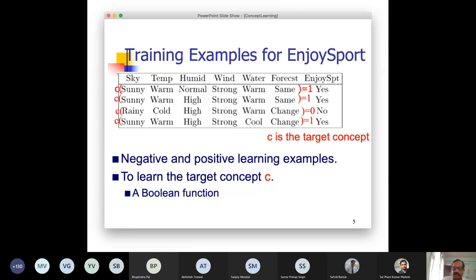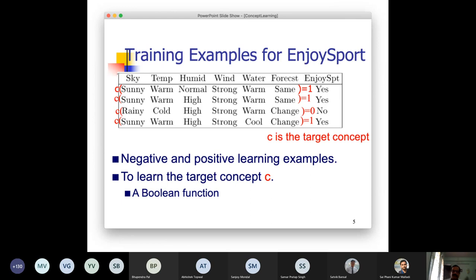But the question is how many functions are possible out of them? 2 to the power 64. Right. That is the total number of functions. If I say that each function is a hypothesis, then your hypothesis space consists of 2 to the power 64 elements.